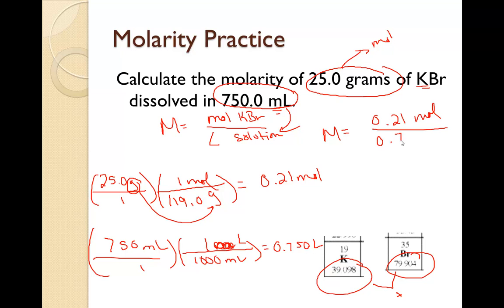I know some people are used to just moving the decimal, but I like to write it out just in case somebody is unaware of how we got that number. So 0.21 divided by 0.75, and the molarity comes out to be 0.28, and you abbreviate that with a big M.